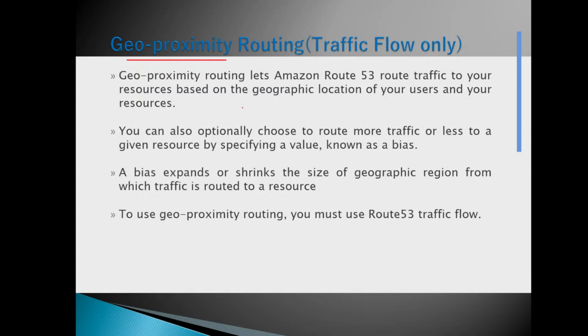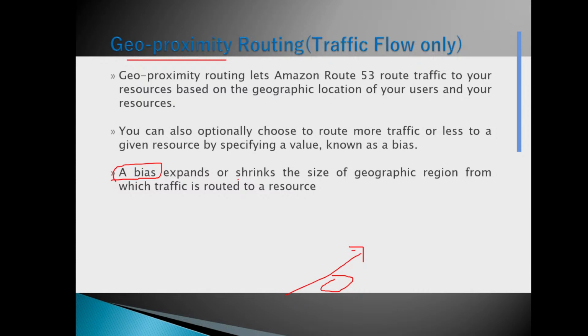So you can give a bias so that your traffic is not going to Russia, or the Russian people will get only limited resources. You are creating a bias that I don't want to send all the traffic to Russia, or the requests coming from Russia should be able to handle only n number of requests, and all the traffic should go to another region. So you can block some traffic, you can shrink the traffic from a particular geographical region. So you can create a bias.